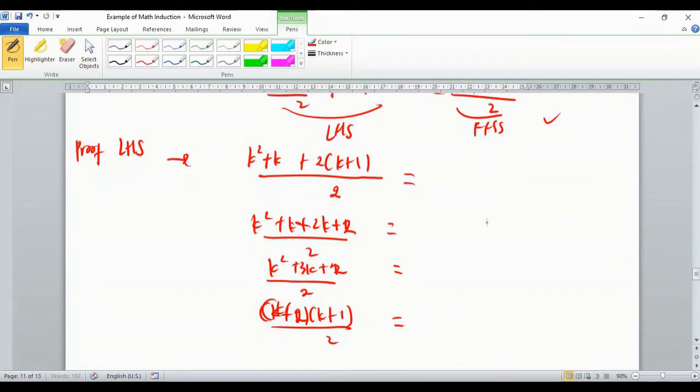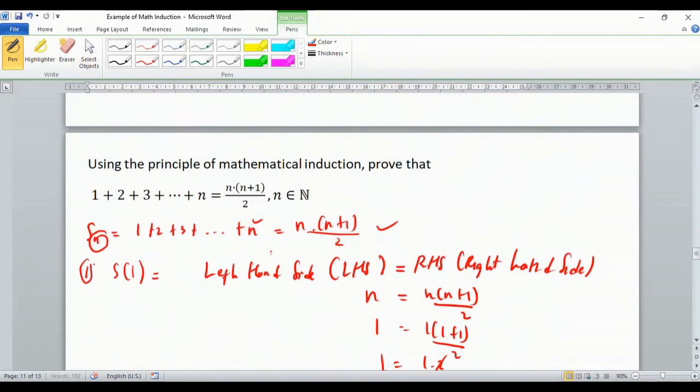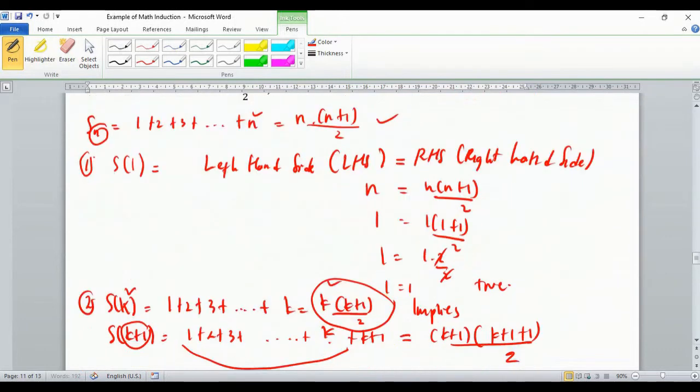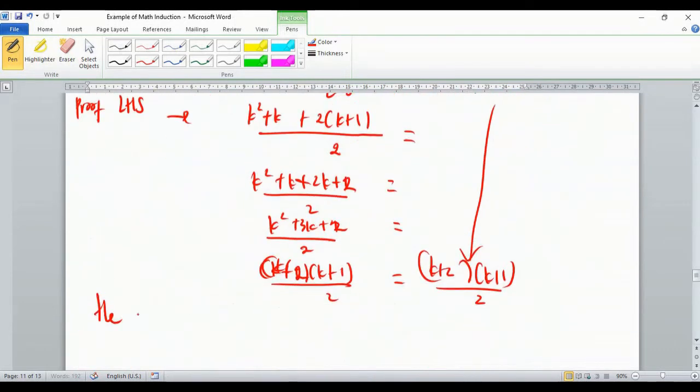So this is the same result as the right hand side, k plus 2, k plus 1 over 2, everyone. So I can say we can prove this statement is true. The proof is true. Okay, so you can write the proof is true. That's it, everyone.